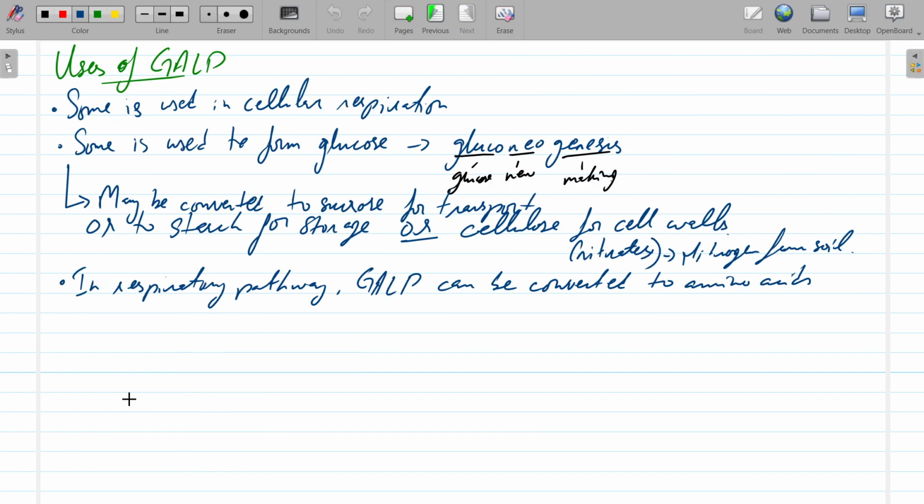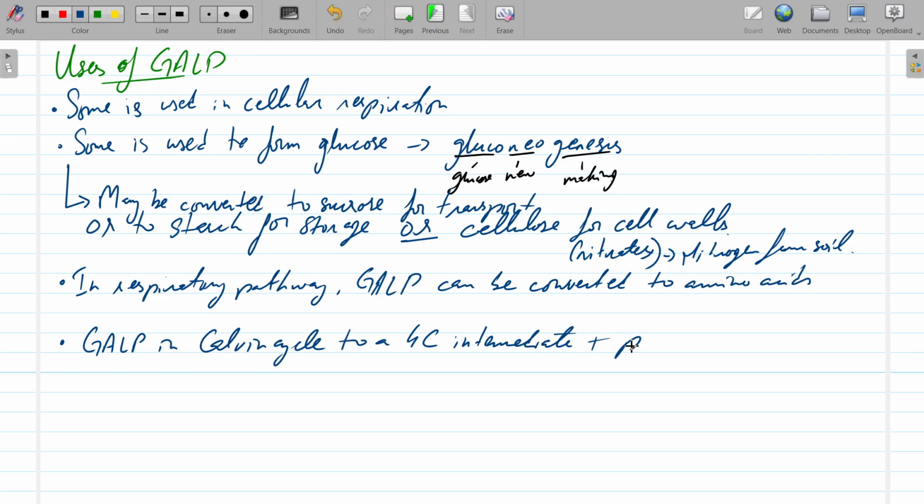So GALP is converted in the Calvin cycle to a 4-carbon intermediate, which is combined with phosphates from the soil to produce nucleic acids, so RNA and DNA.